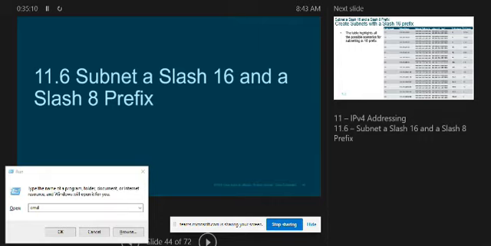And so anytime you have all zeros in the host field, you're defining the network address, which is what I just gave you right here. Anytime you guys put all ones in the host field, you guys are defining the broadcast address for that network. So what's my broadcast address that I just created for this network above me?